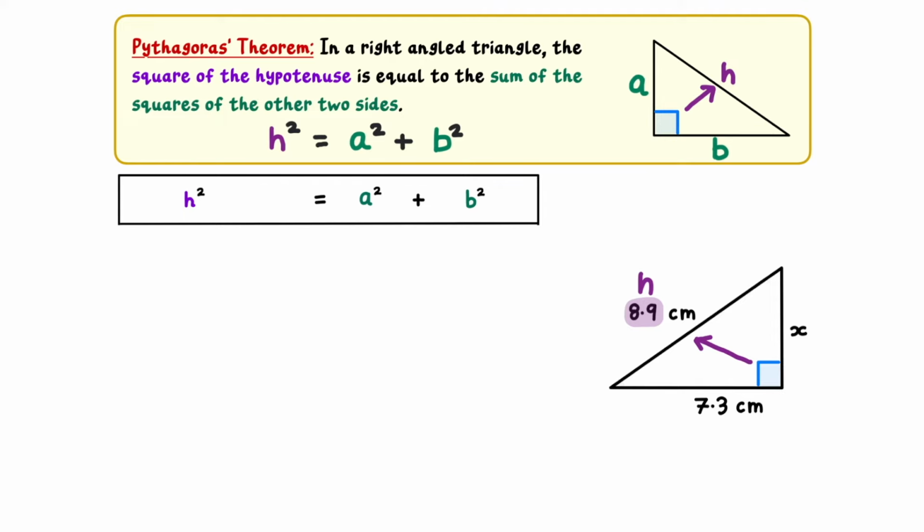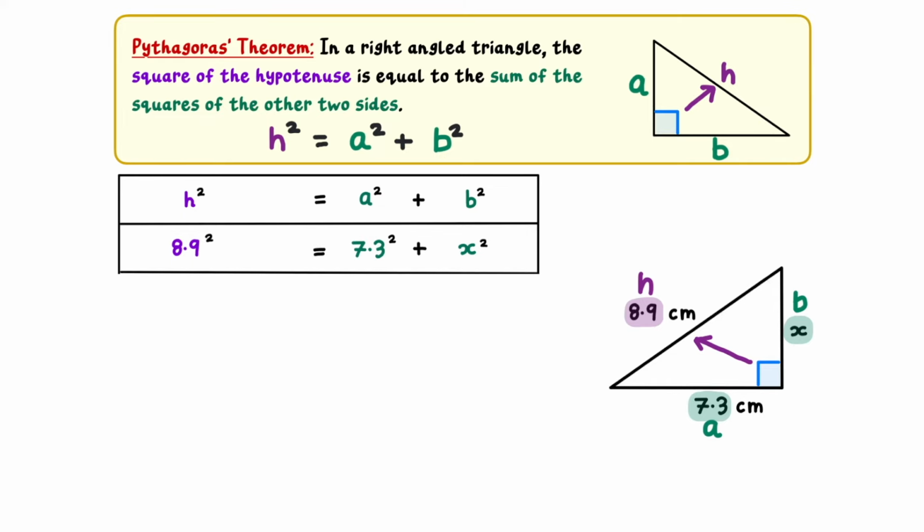The other two sides should be labelled with a and b. Here we can set a equal to 7.3 and b equal to x. When we put these values into the statement of Pythagoras' theorem, we get 8.9 squared is equal to 7.3 squared plus x squared.